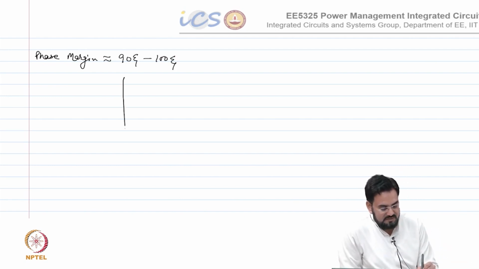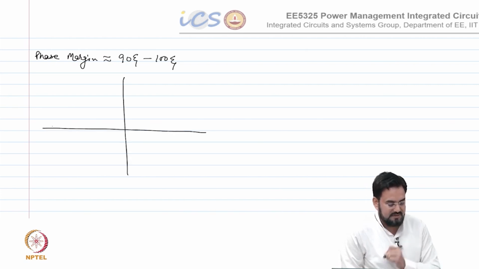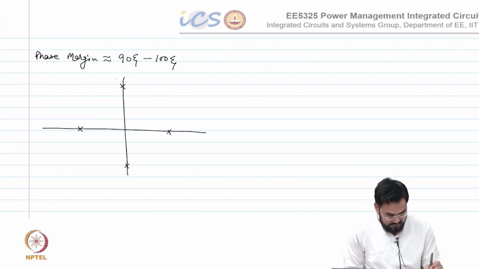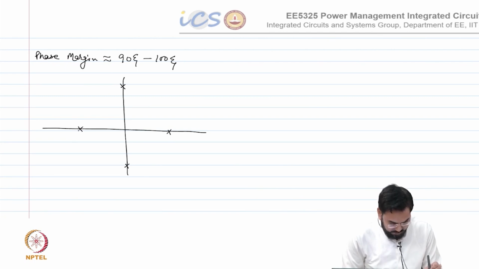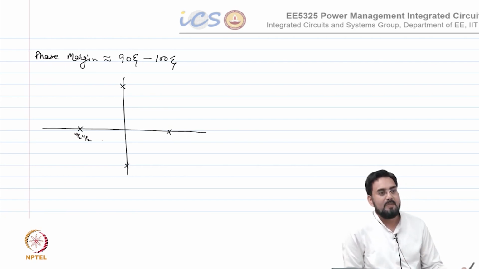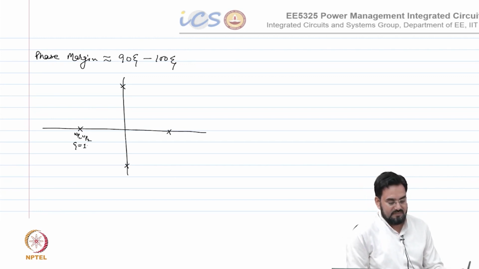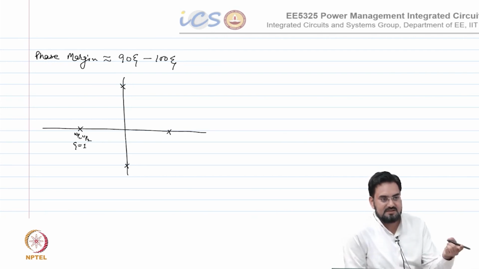Now if I have to draw in the S plane, see both poles are at the same location and real. What is the zeta here? Zeta equal to 1. What is the zeta here? J omega, we just saw 0.